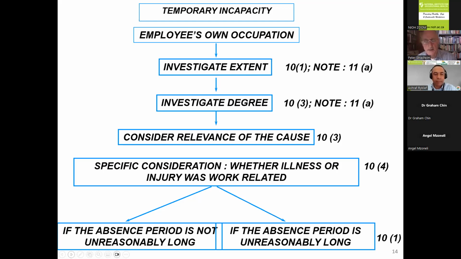So if your patient, let's say, with psychosis or general anxiety disorder, serious, or major depression, or obsessive compulsive disorder as a result of COVID-19 contracted in the workplace, then they won't have a claim because COIDA excludes them.